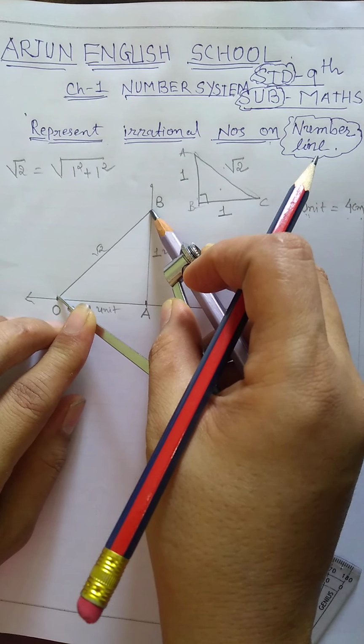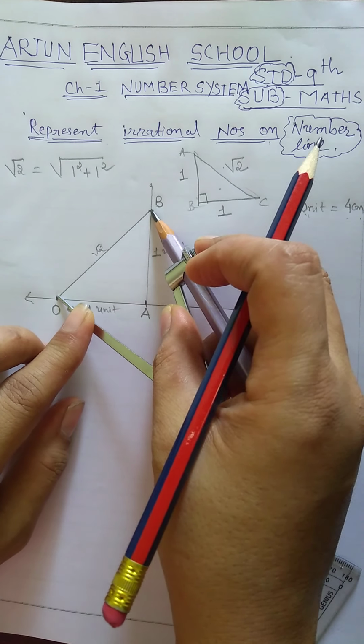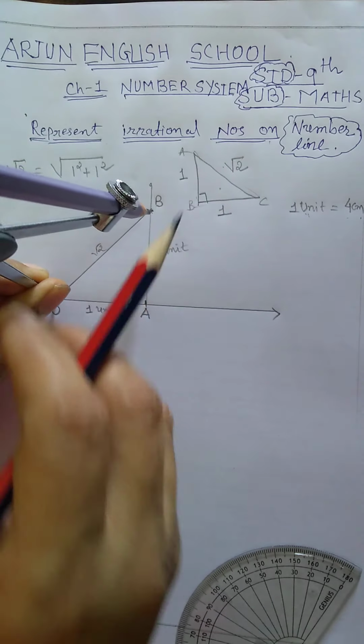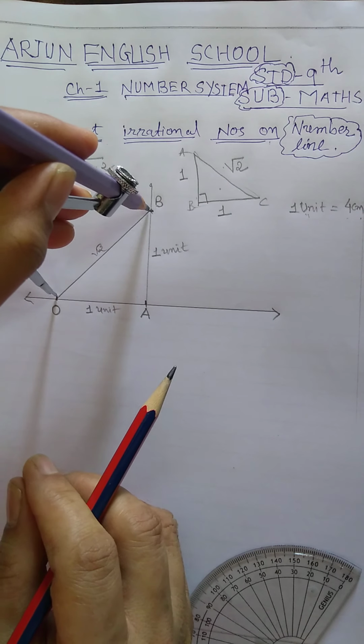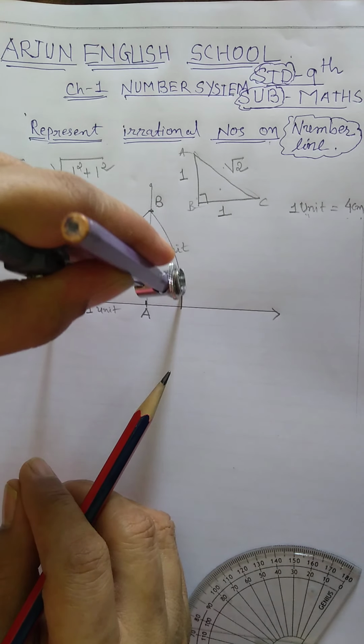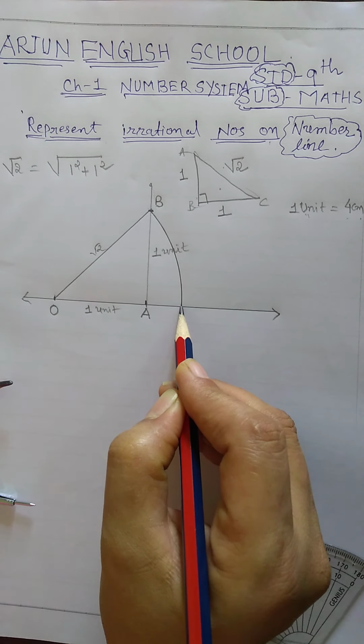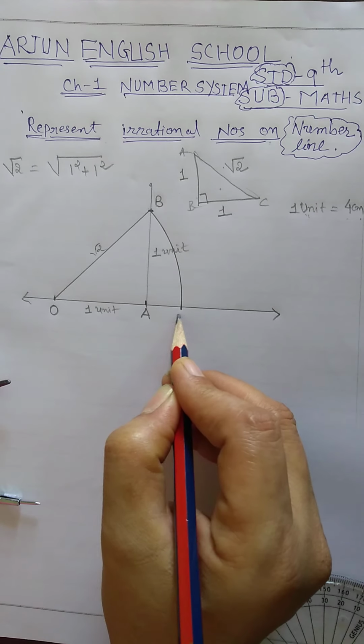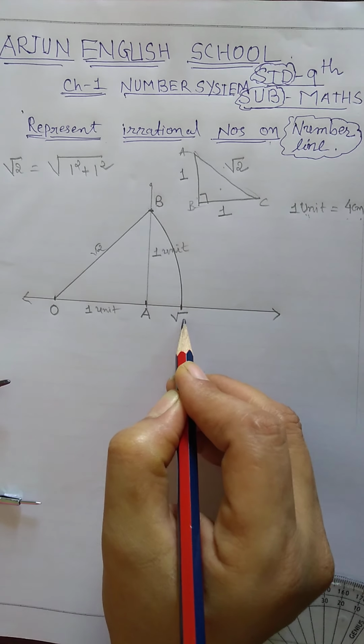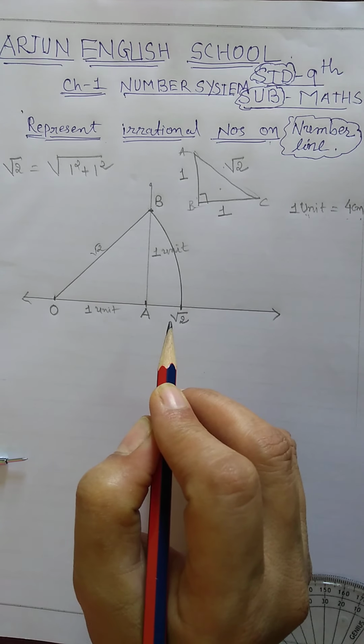Now take a radius of OB and draw one arc here, this way. Now you are getting a point here. This point represents root 2 on the number line.